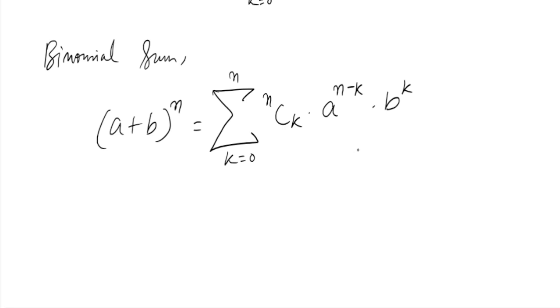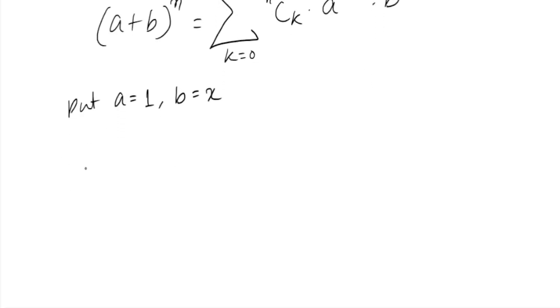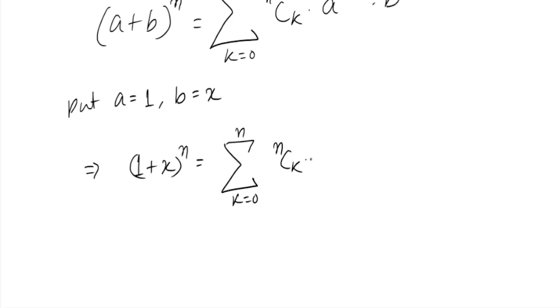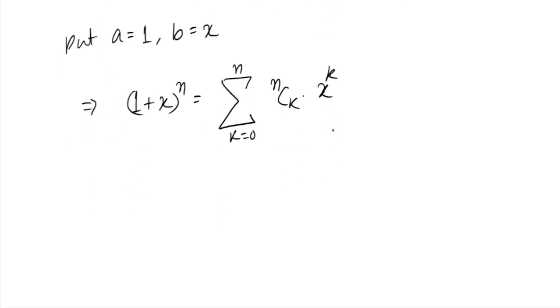Now if we put a equals 1 and b as x, we get (1 plus x) to the power n as summation k equal to 0 to n nCk x to the power k, because 1 to the power n minus k vanishes.